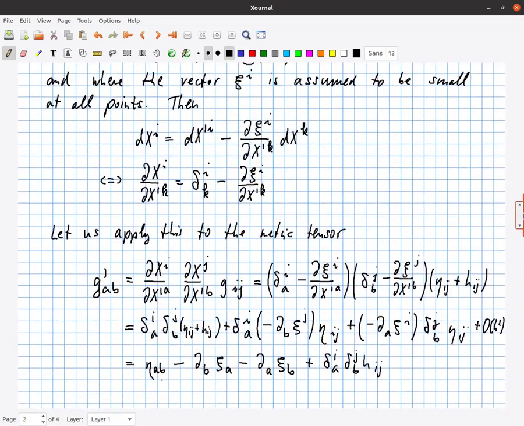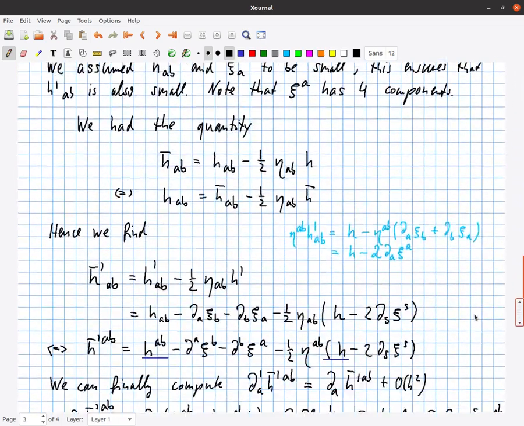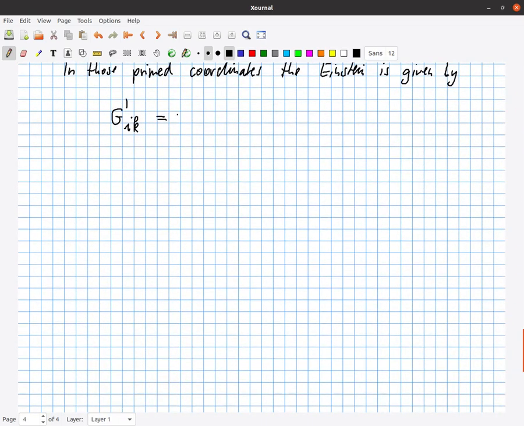Let's scroll up a little bit. We now have the first term vanishes because of our clever choice of coordinates. The second term vanishes because of the clever choice of coordinates. And the third term vanishes again because we chose very convenient coordinates. And so the Einstein tensor is simply minus a half box times this new h thing. Minus 1/2 box h bar prime ik.